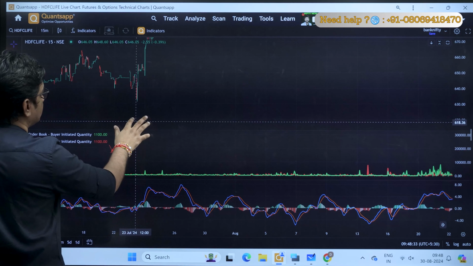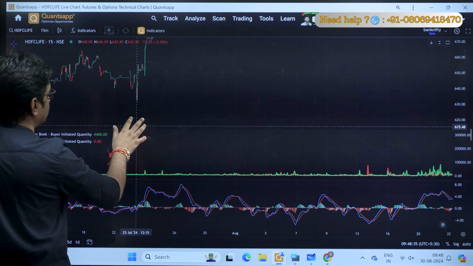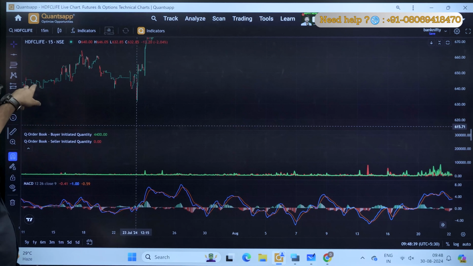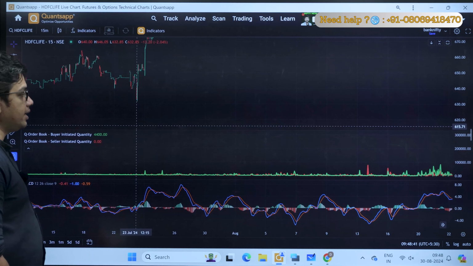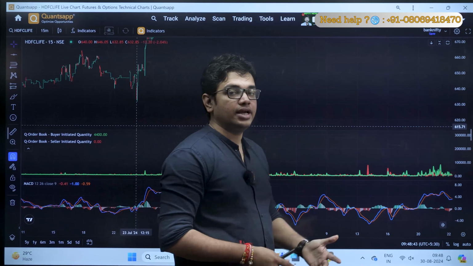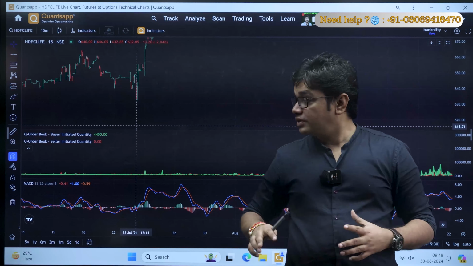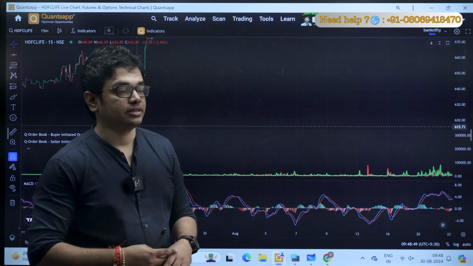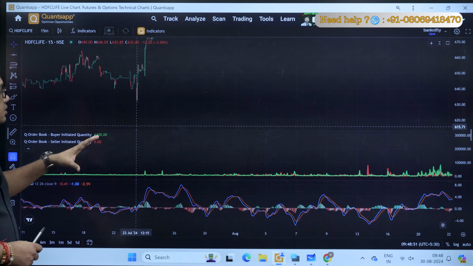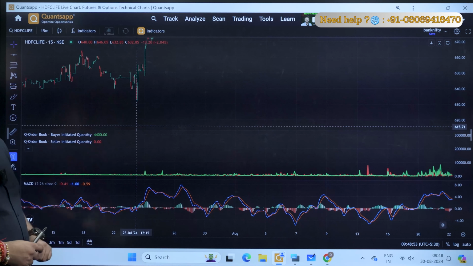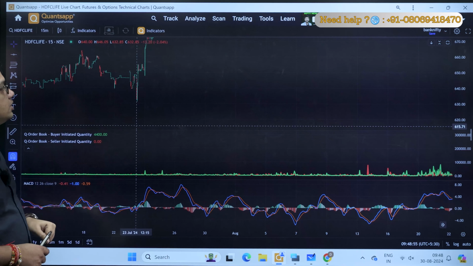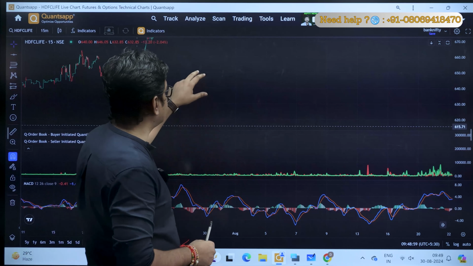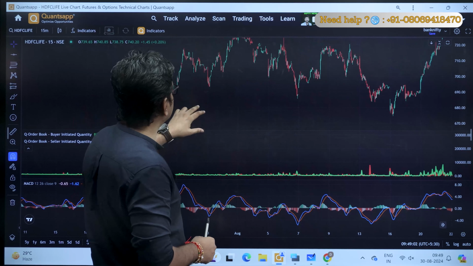At this particular level, this red candle which I have shown you has broken the support level. You can see the buyer initiated quantity is 4400 and sellers are 0. So that means the buyers are more dominant as compared to sellers. So this breakdown will be a failure, and you can see this breakdown was a failure. If I had taken the trade over here, I might have faced huge losses.